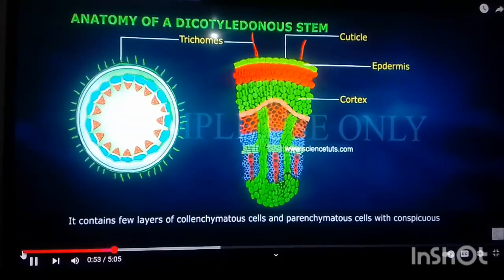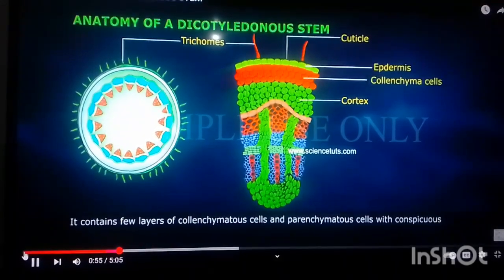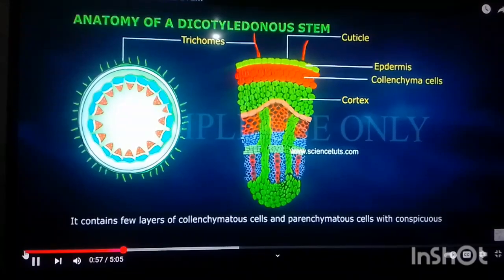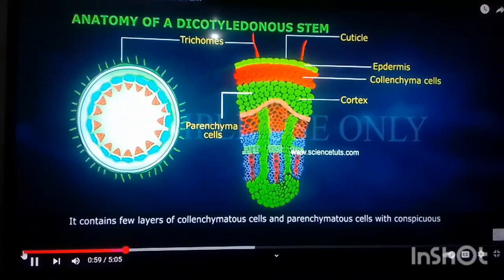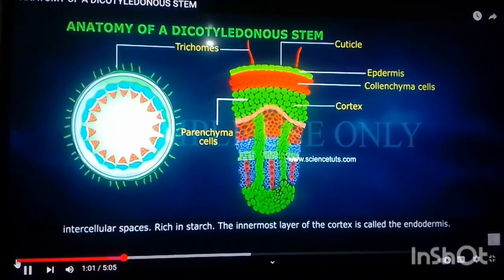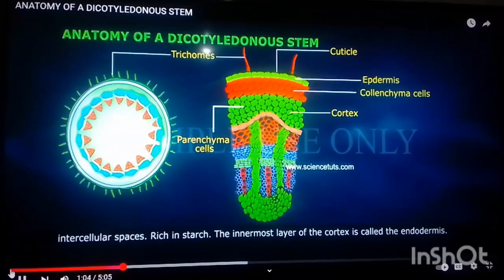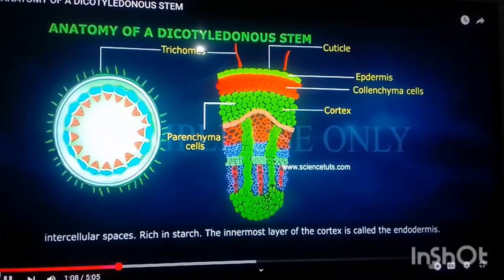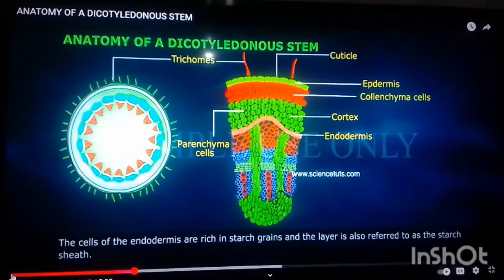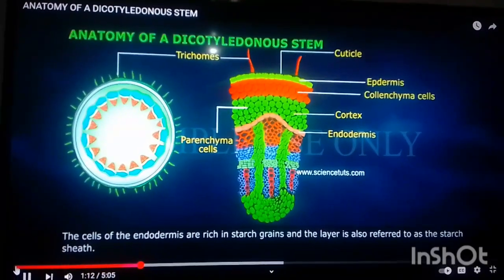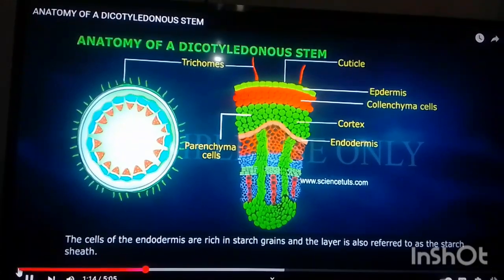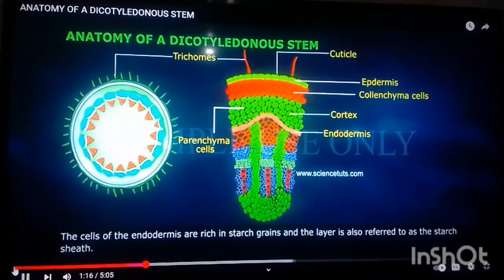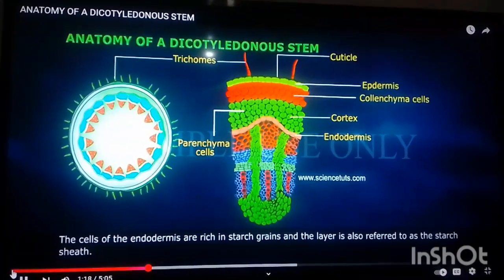It contains a few layers of parenchymatous cells with conspicuous intercellular spaces, rich in starch. The innermost layer of the cortex is called the endodermis. The cells of the endodermis are rich in starch grains, and the layer is also referred to as a starch sheath.